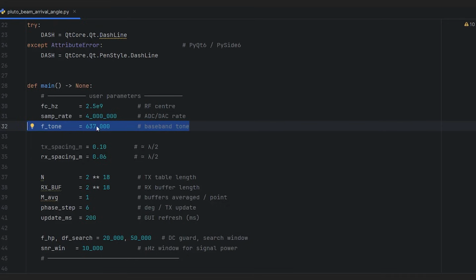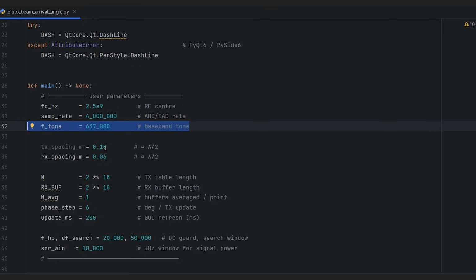But it's not necessarily true that our RX and TX ADALM-Pluto have exactly the same carrier frequency. There might be a slight mismatch between them, and therefore the tone we receive after the ADC may not be exactly at 637 kilohertz. It might be at 630 kilohertz. There might be a slight frequency change.